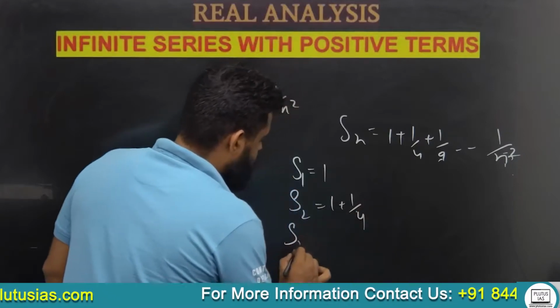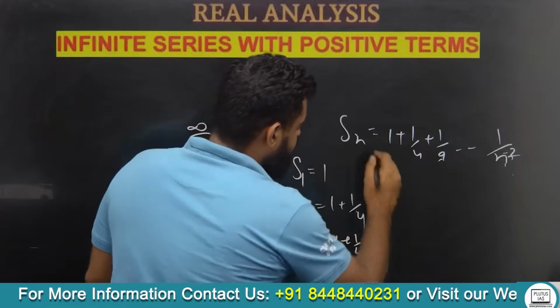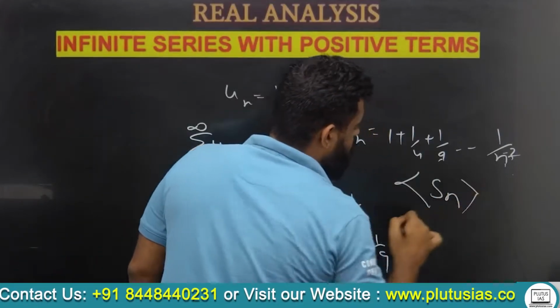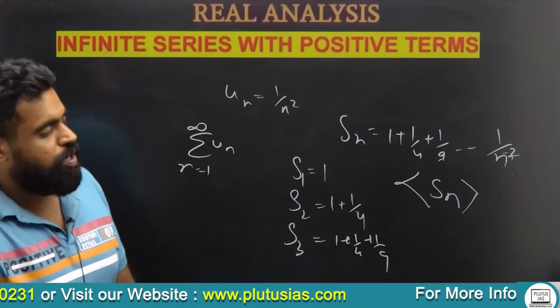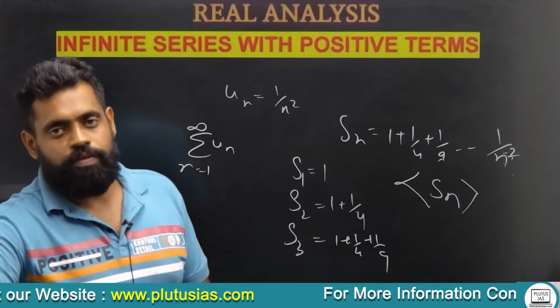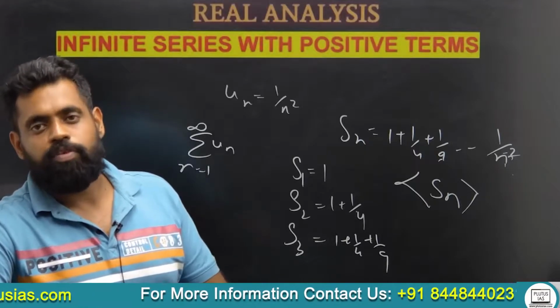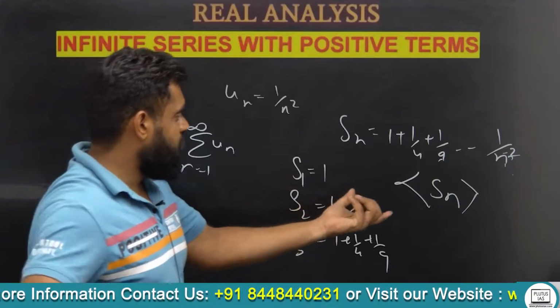If you write S3, 1 plus 1 upon 4 plus 1 upon 9. So this partial sum Sn would itself form a sequence. See, I told you what a sequence is. A sequence is nothing but a function from natural numbers to real numbers. So what is this? This is Sn.